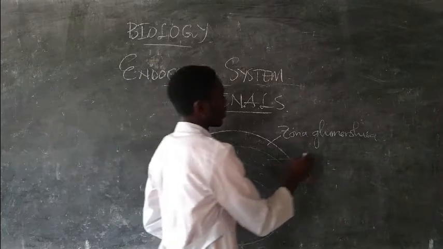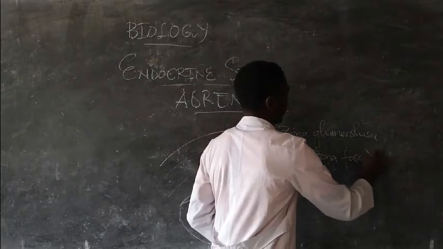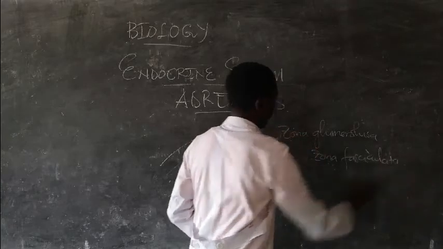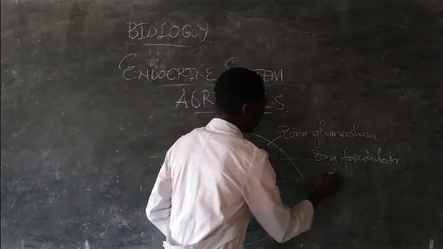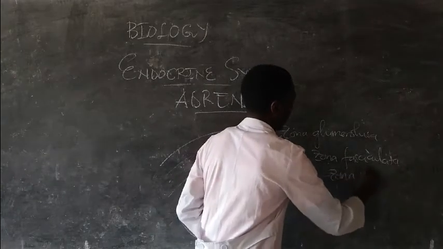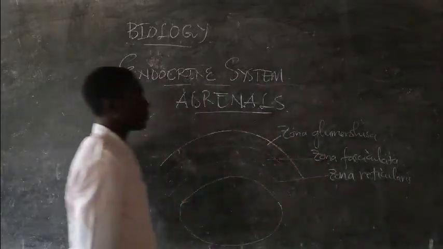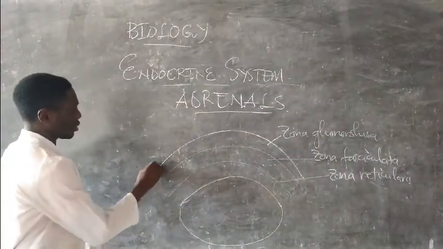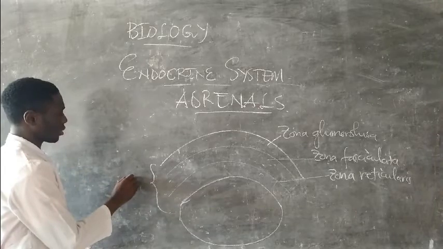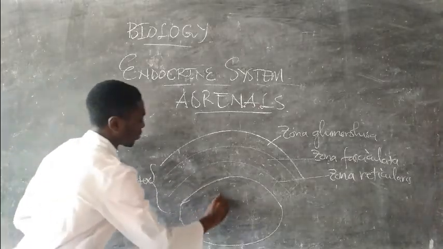The second layer is called the zona fasciculata. And the inner zone of the cortex is called the zona reticularis. Now, of course, let me put it like this: this is the cortex, and this is the medulla.